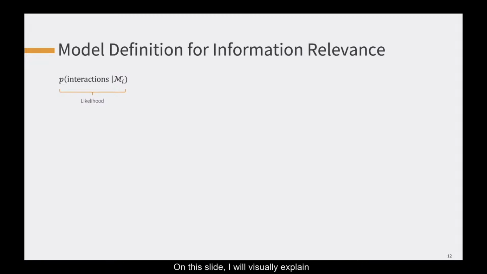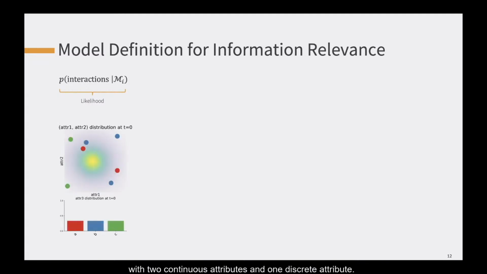On this slide, I will visually explain our model definition for information relevance. This model definition is our likelihood function, which tells us how well a set of observed interactions, again the data points the user has interacted with, are explained by a given model. We model information relevance with a multivariate Gaussian representing the continuous attributes and a combination of categorical distributions for each discrete attribute. For example, consider a dataset with 2 continuous attributes and 1 discrete attribute.